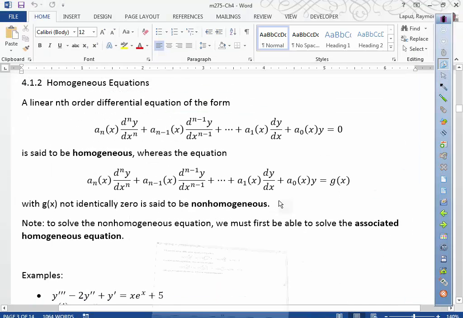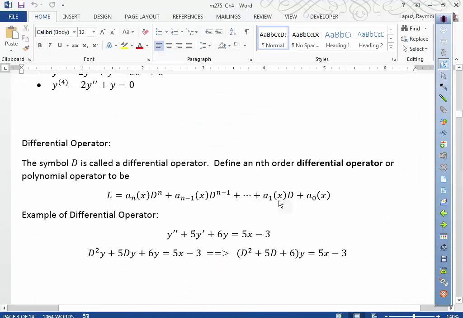So back, I'm looking at a theorem here. Where's my theorem?